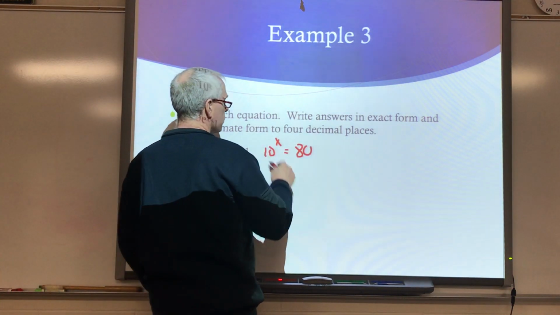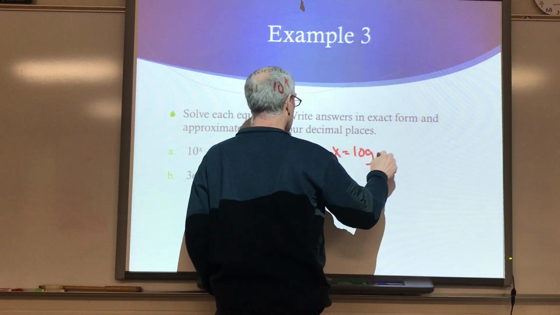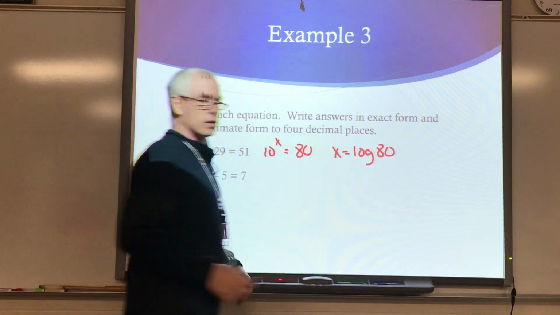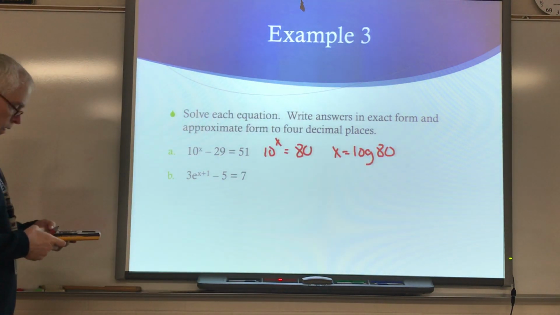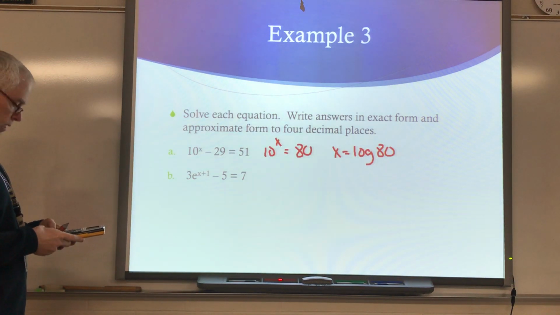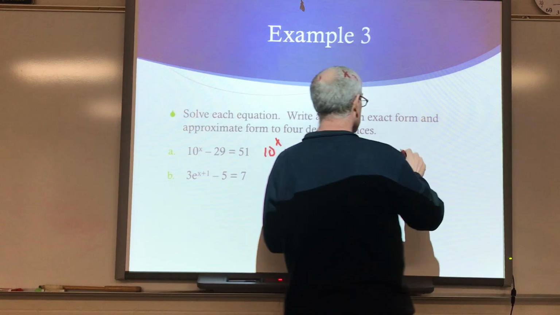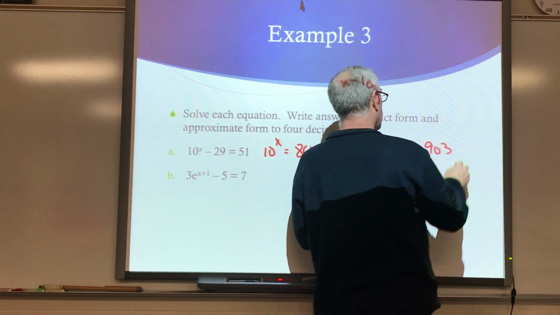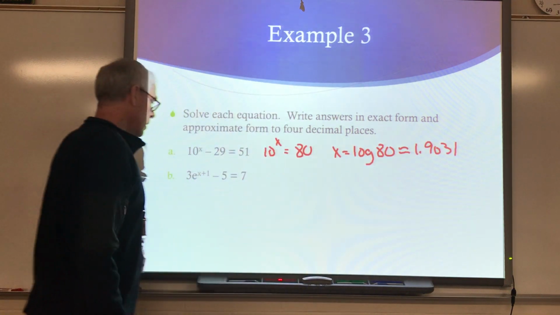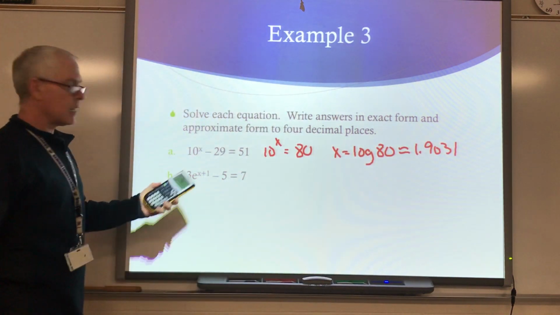The common log of 10 to the x is just x, and on this side I've got log of 80. So that's your exact answer, okay? The approximate to 4 decimal places, log of 80, is 1.9031.